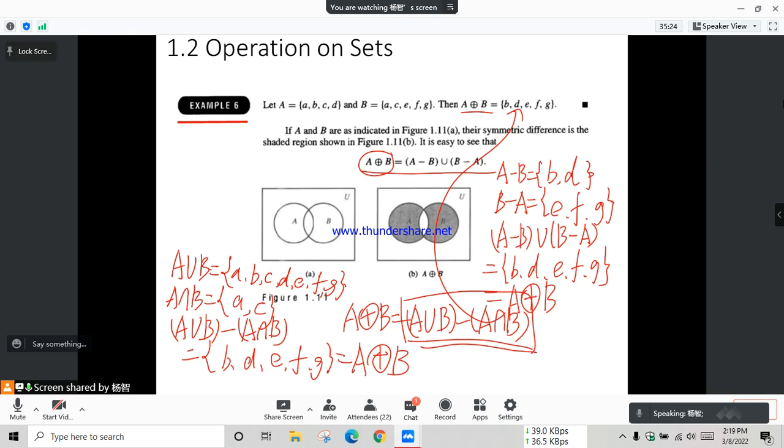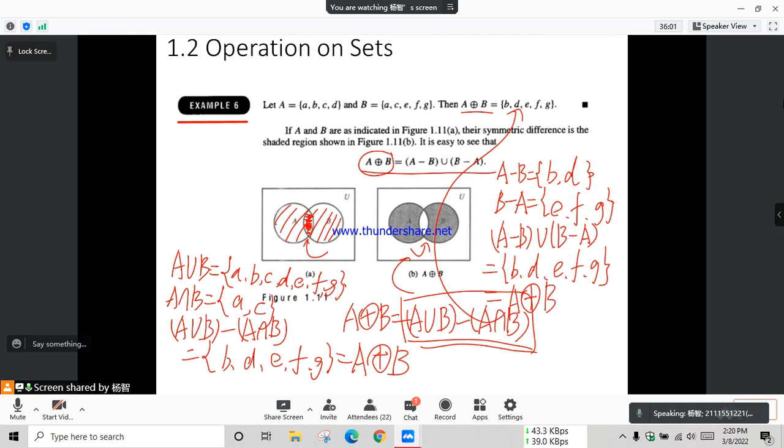Okay, and you can also see it from the Venn diagram. All of this part is the union of A and B, and this part in the middle is the intersection of A and B. We use the union part minus the intersection part in the middle, and we get this answer.